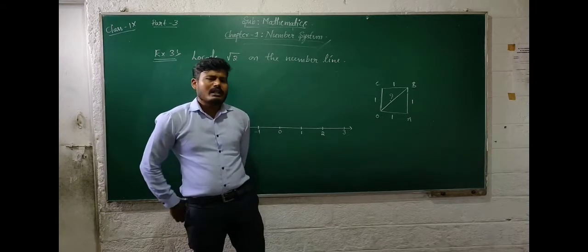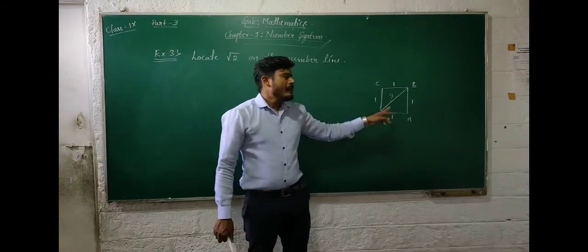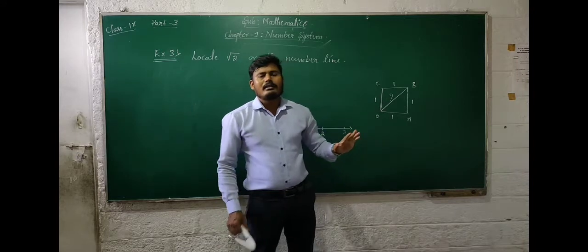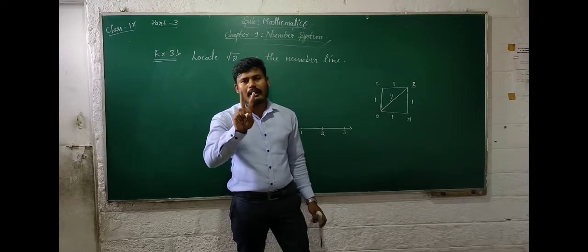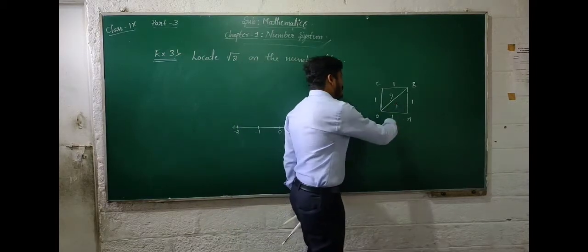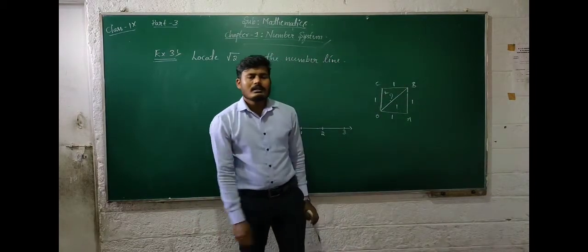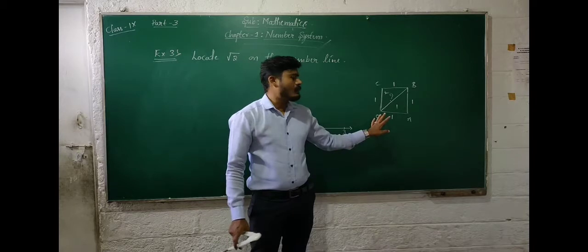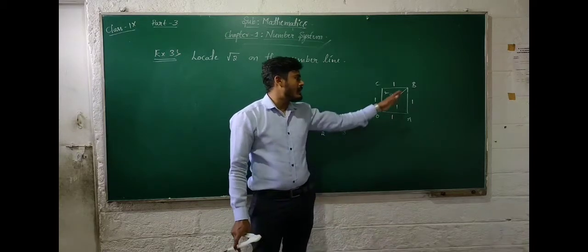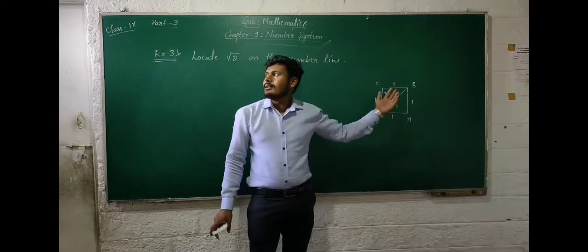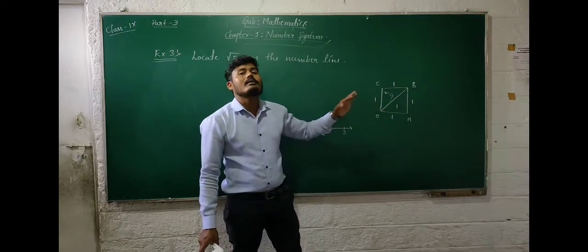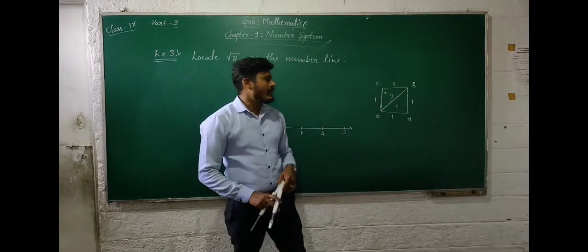We know that in a square, each diagonal divides the given square into two triangles. So here 1 and 2. There are two triangles in the square OABC because diagonal OB divides the square into two triangles.